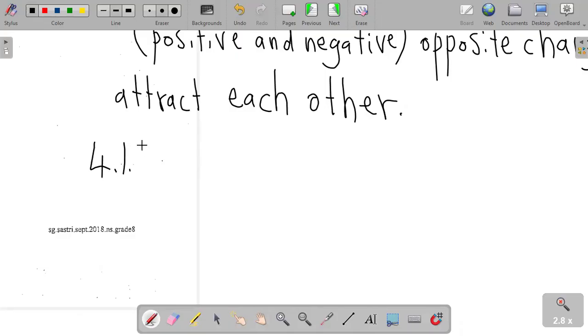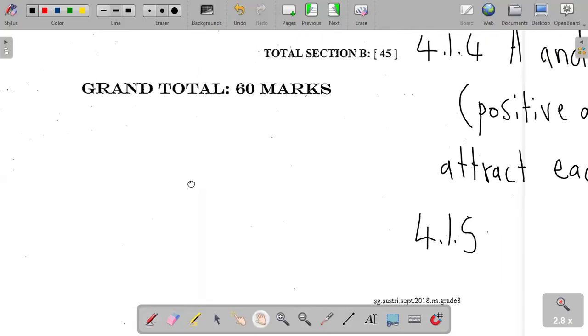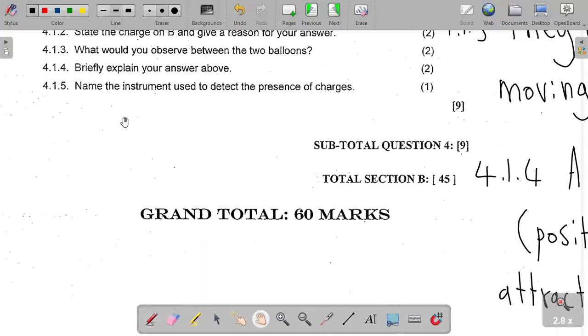4.1.5: Name the instrument used to detect the presence of charges.